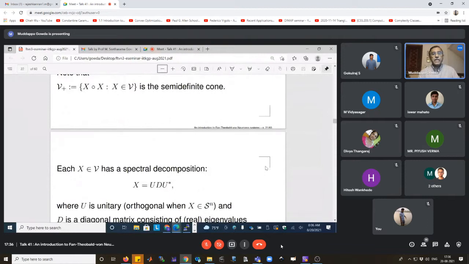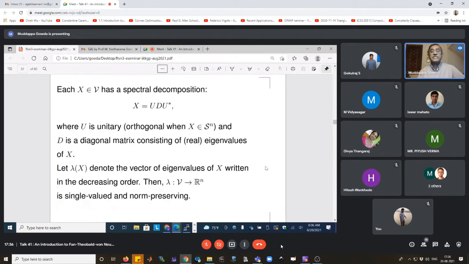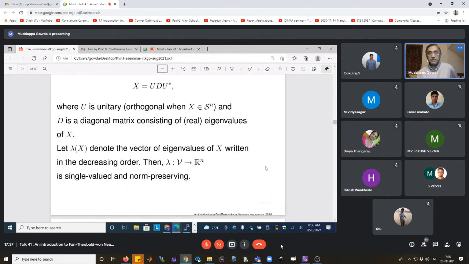Now each x in V, remember V is either Sn or Hn, has a spectral decomposition: X equals U D U star, where U is unitary. It is orthogonal when x belongs to Sn, and D is a diagonal matrix consisting of the real eigenvalues of x. So I start with my x, I get D, the set of all real eigenvalues.